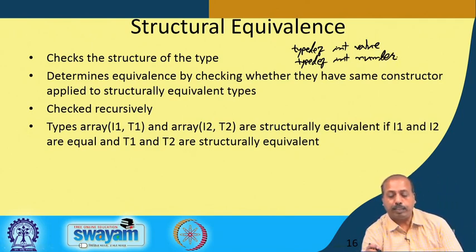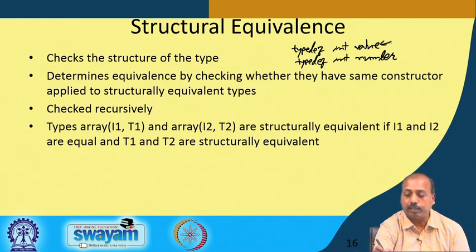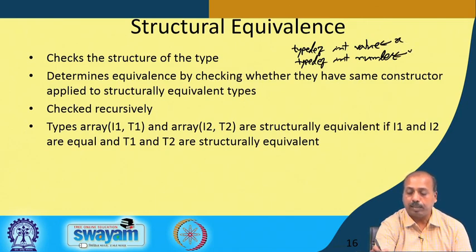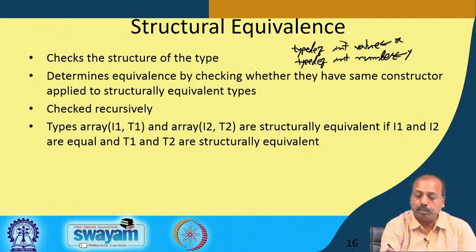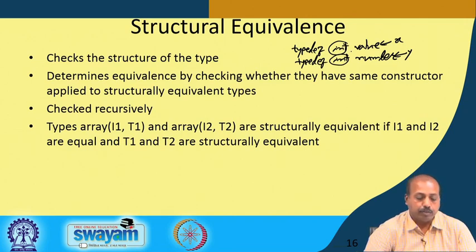Now, if I have two variables x and y, where x is of type value and y is of type number, then for structural equivalency they will go down. So, it will come to these integer levels and then they will be declared as equivalent.